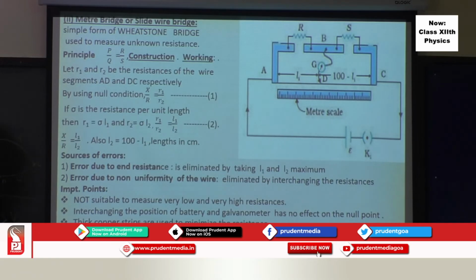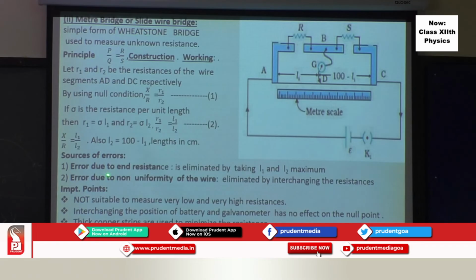What are the errors in this meter bridge which you have to account for? You will get familiar with this particular bridge because you are going to do a number of experiments. This is not so difficult to understand. You just go to the matter, write down the equation and get this. The only thing is you have to use the null condition correctly. Then there are 2 errors. These wires are fixed at the end. As I showed you in the bridge, the wire is fixed at the end.